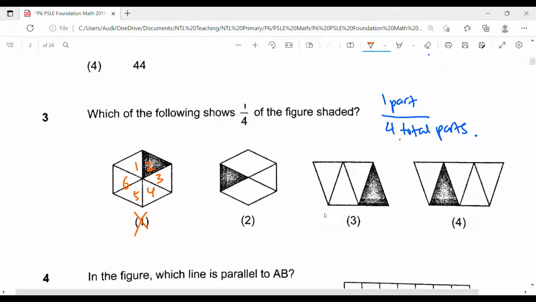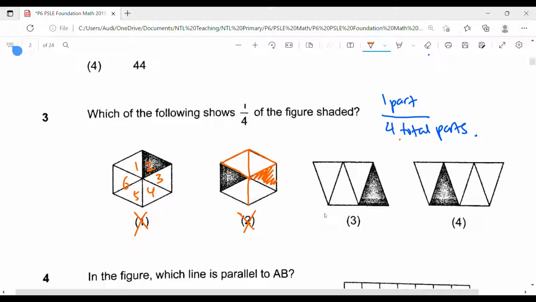So this is not the answer. Now this one seems to have 4 parts, but look, this is a different shape than this. They're not the same shape. So out. Because if you want to make them the same shape, then you have to split it this way. And when you split it like that, you don't see 4 parts. You see 1, 2, 3, 4, 5, 6, 6 parts.